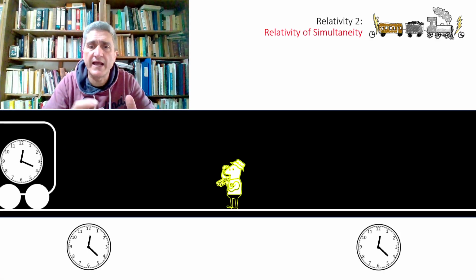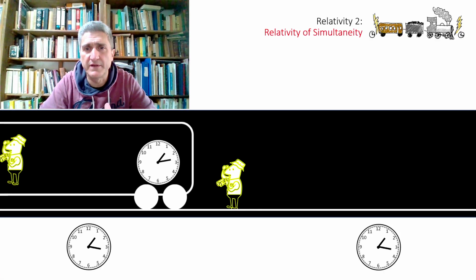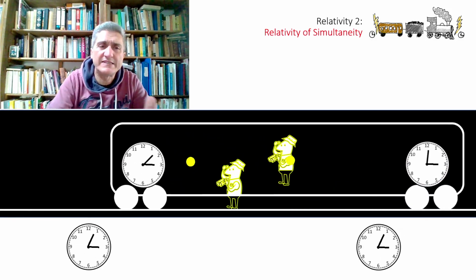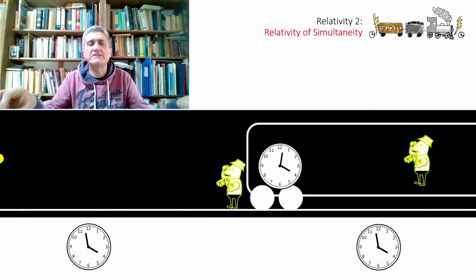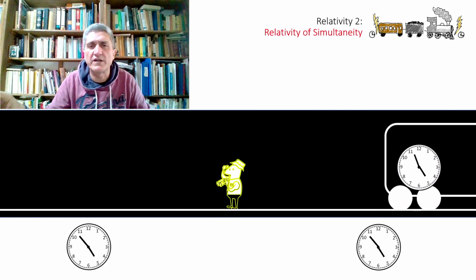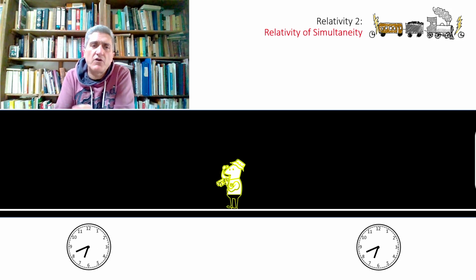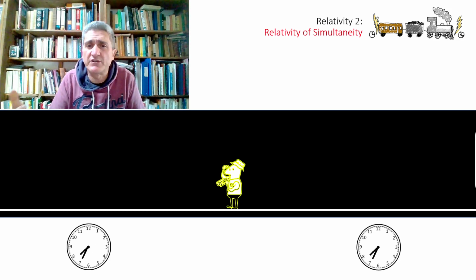If simultaneity is a relative concept, clock synchronization also has to be relative. For instance, if the observer at rest has two synchronized clocks near the points where the two lightnings strike the railway, the observer on the carriage cannot see them synchronized.